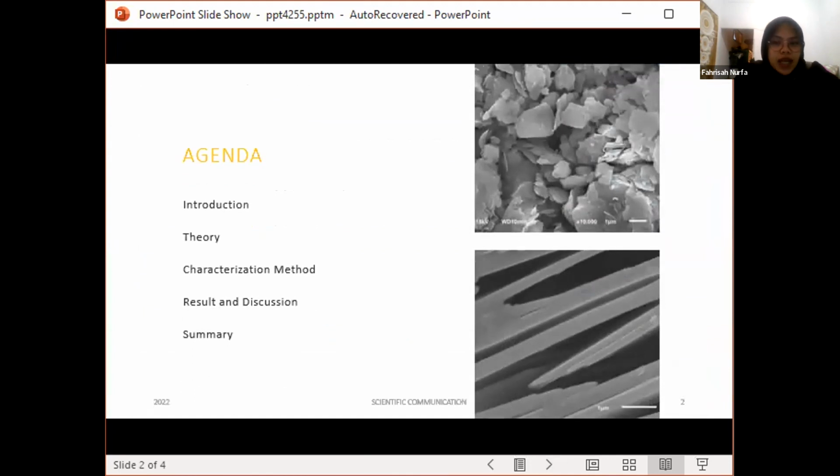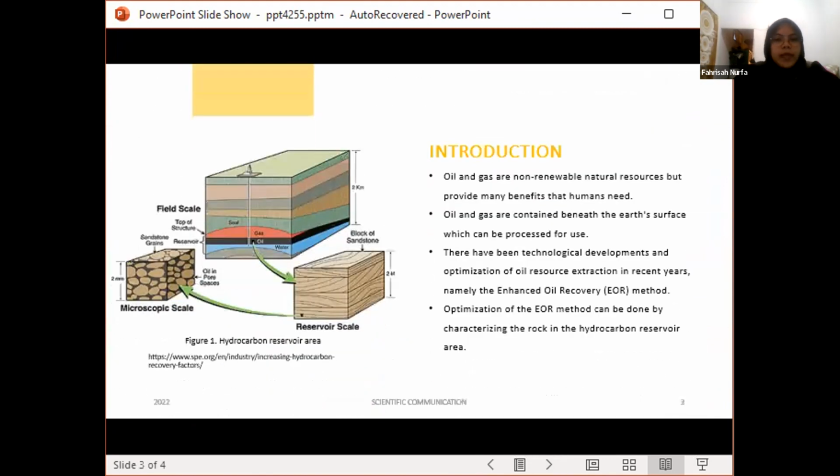For today's agenda, I will only show you the introduction of this research. In human life, oil and gas are non-renewable natural resources. This natural resource provides many benefits that humans need in their daily activities. Oil and gas, as an energy producer, is processed into ready-to-use products from below the Earth's surface.